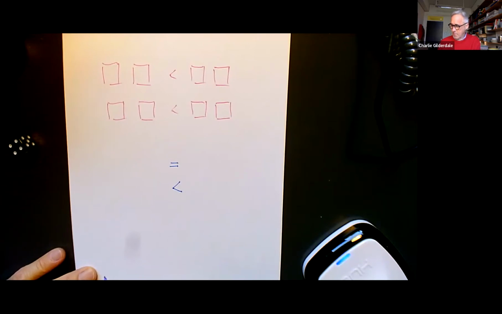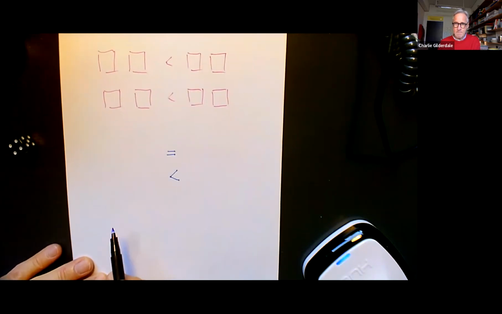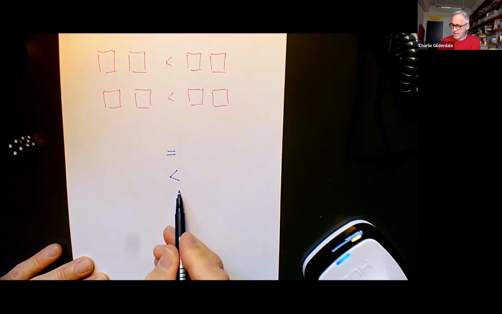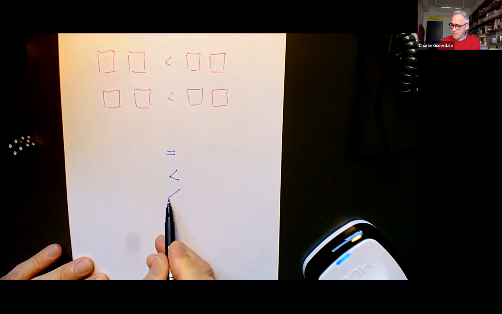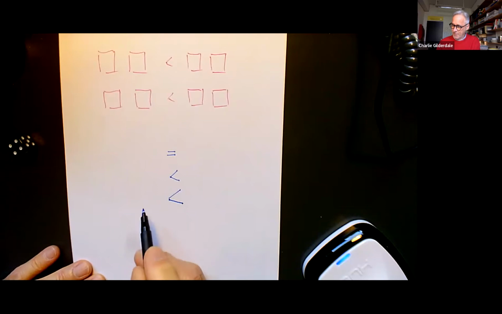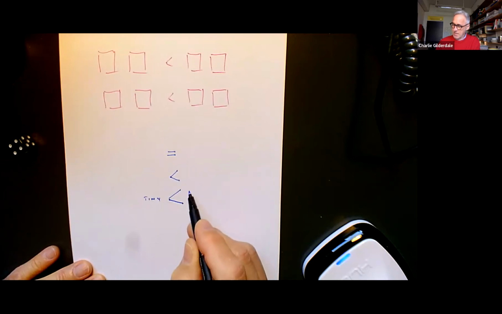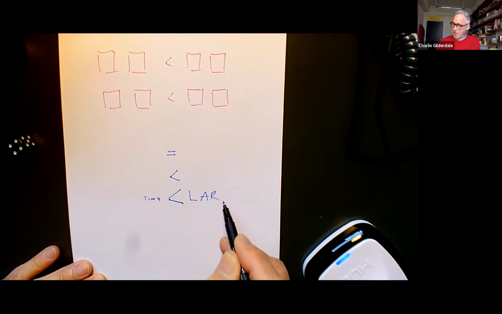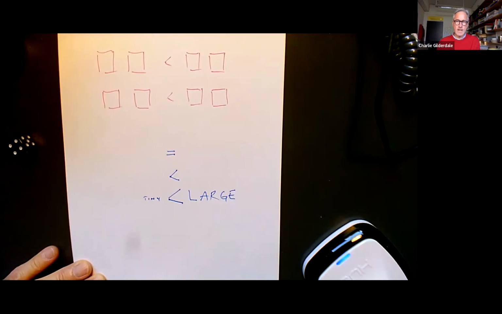The way that I think of it is, I imagine there's a very small gap where the 2 lines meet here, a tiny gap, whereas here we've got an enormous large gap.